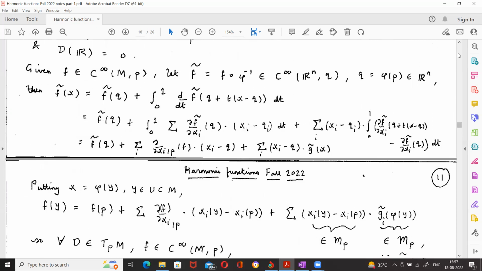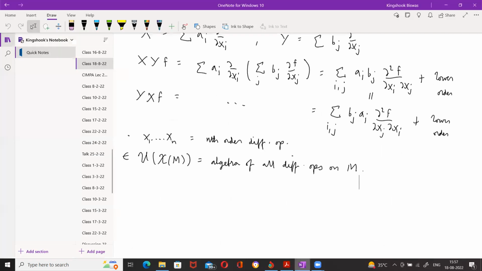So maybe to finish, I'll just wave my hands a bit. In geometry, people do define tangent spaces for metric spaces which are not manifolds.